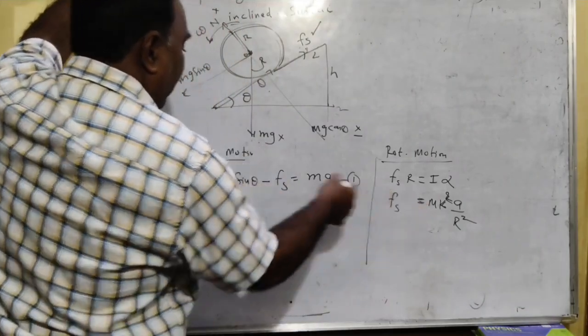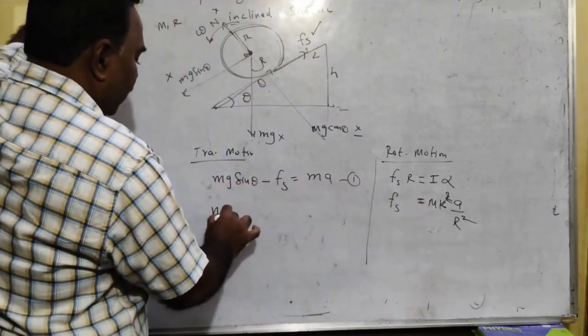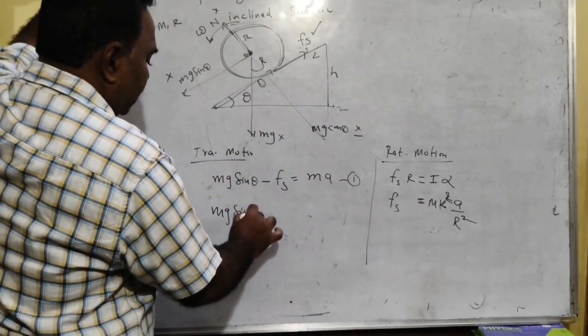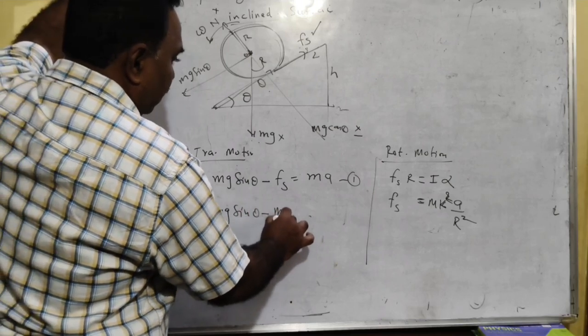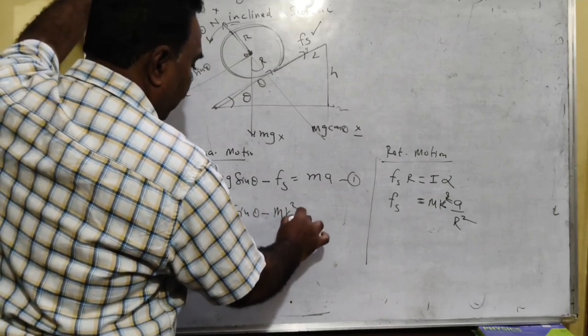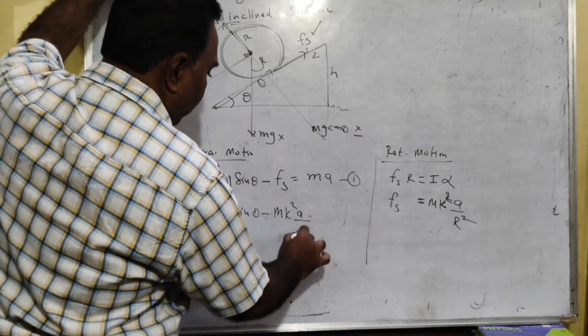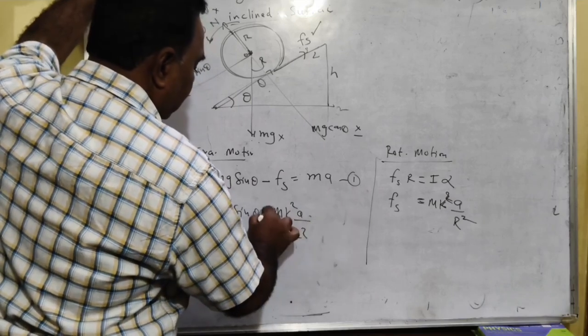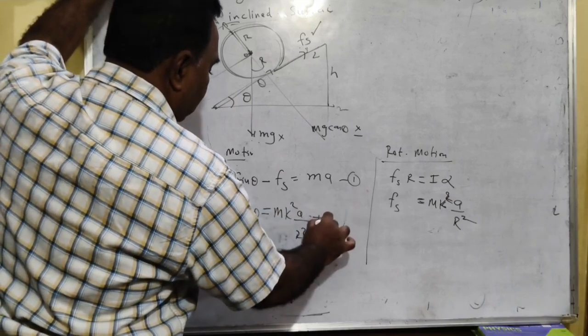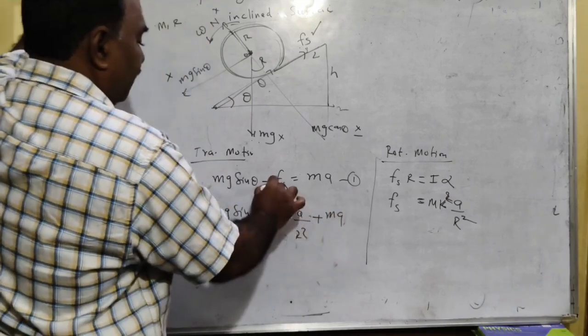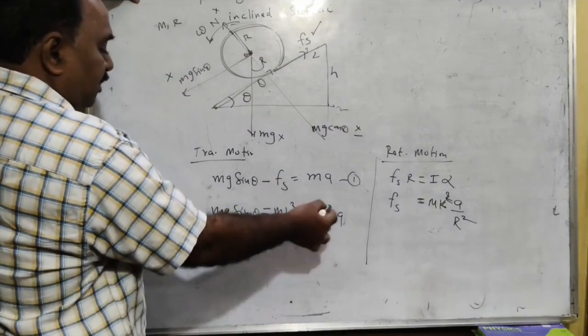Substitute this f value here, therefore we will get mg sin theta minus m k square into a by r square. Take this one to this side, therefore it is equal to plus m a. If f is taken to this side, minus becomes plus.